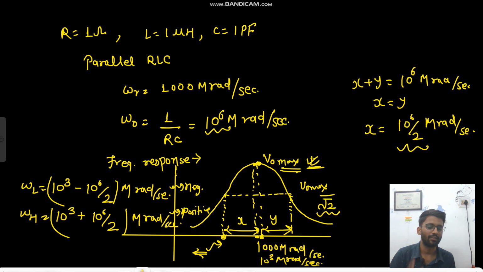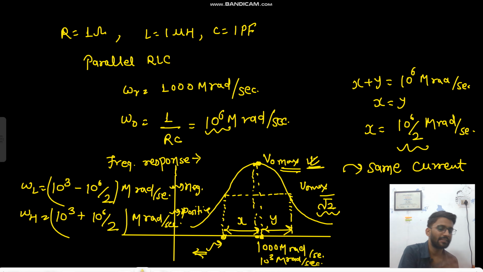But just try to think once. This is the curve for the same current. If the current was the same in the whole circuit, then the value of V naught at 999 mega radian per second would be nearly equal to the value at 333 mega radian per second.